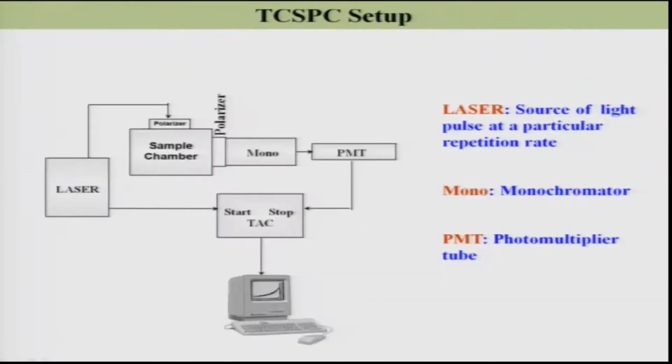Okay. Let us go to this TCSPC setup, the setup by which we can determine this lifetime. As I said earlier, if the lifetime is very long, in the sense of hours, then each second you can measure the fluorescence intensity by your normal fluorimeter. So, no problem.